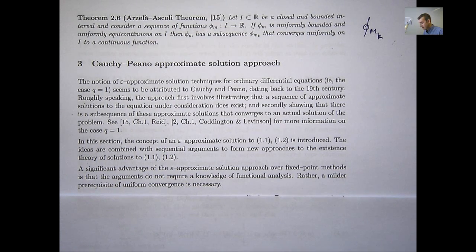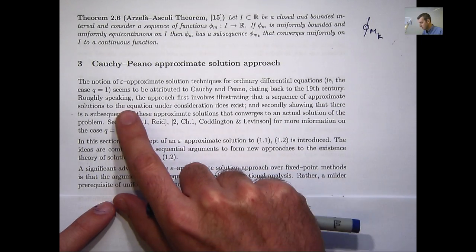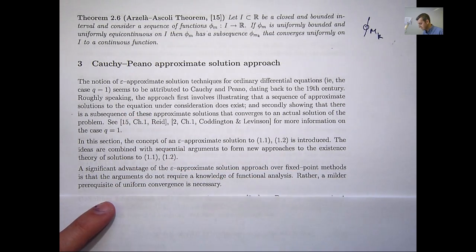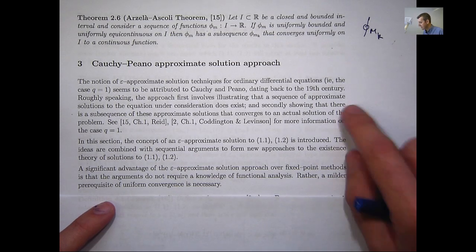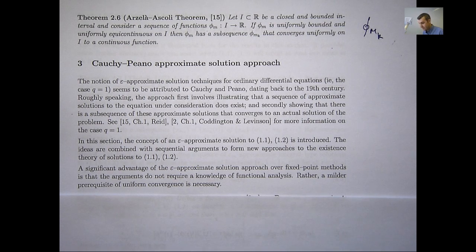Now, roughly speaking, the approach first involves illustrating that a sequence of approximate solutions to 1.1, 1.2 exist, and secondly, showing that of that sequence of approximate solutions, there's a subsequence that converges to an actual solution of the problem. So in this case, I guess the existence method can be broken down to the existence of a certain limit of subsequences of functions, whose limit has certain properties.